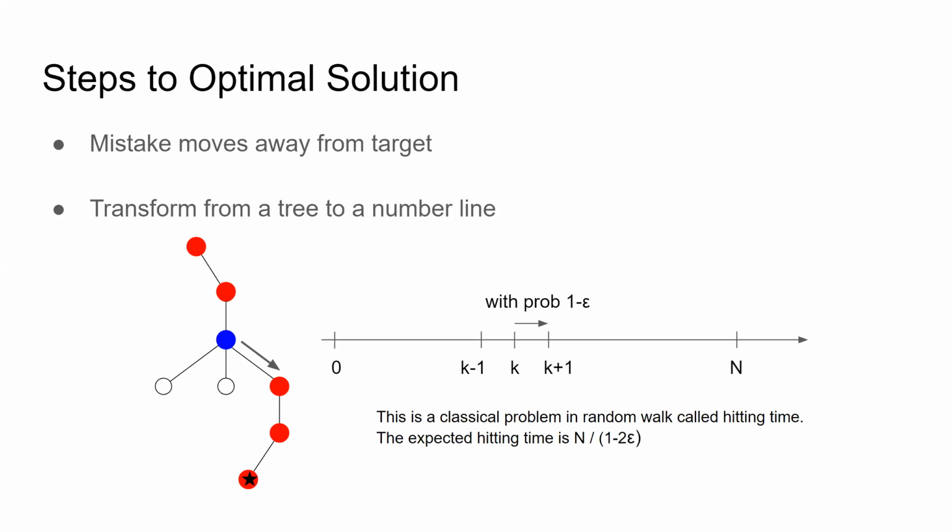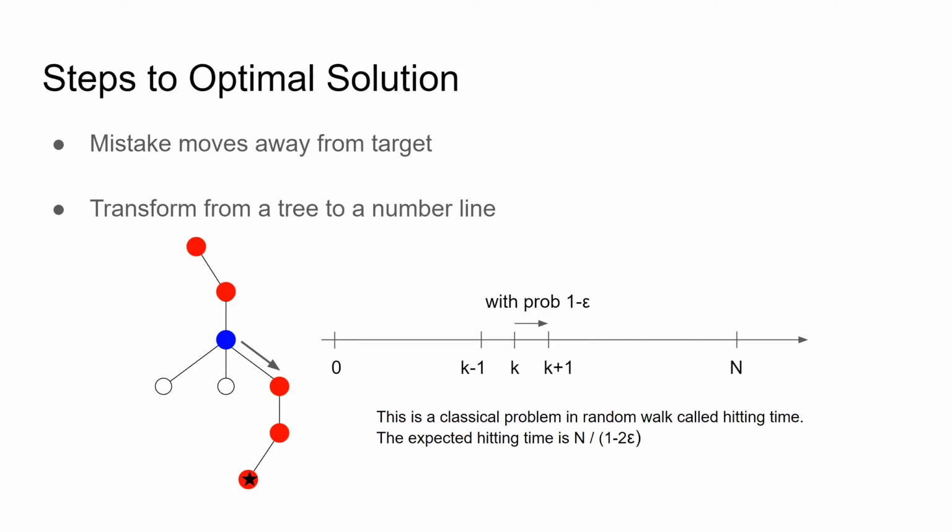And so once we have this abstraction, then we can really resort to a classical problem. This basically boils down to a classic problem in random walks. With probability epsilon, we go to the left, and with probability 1 minus epsilon, we go to the right. And since epsilon is at most half, we know we have a higher probability of going to the right than going to the left.